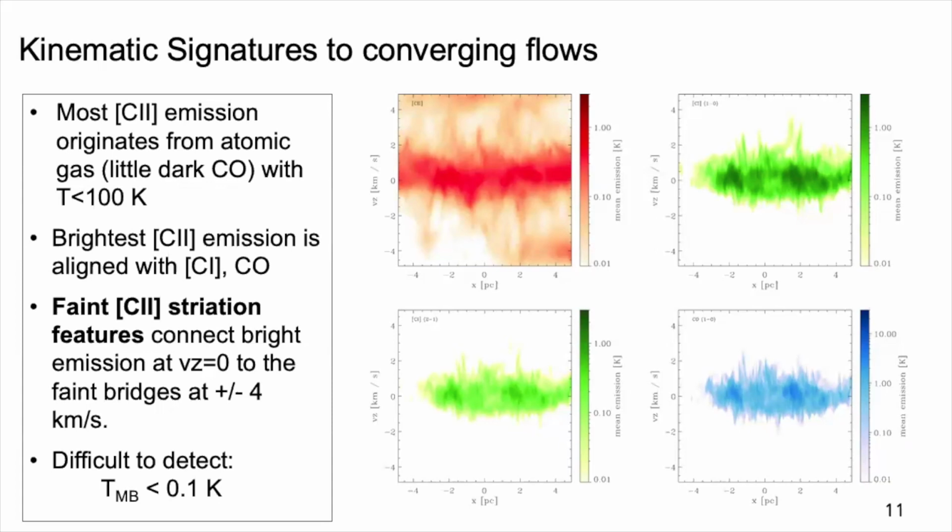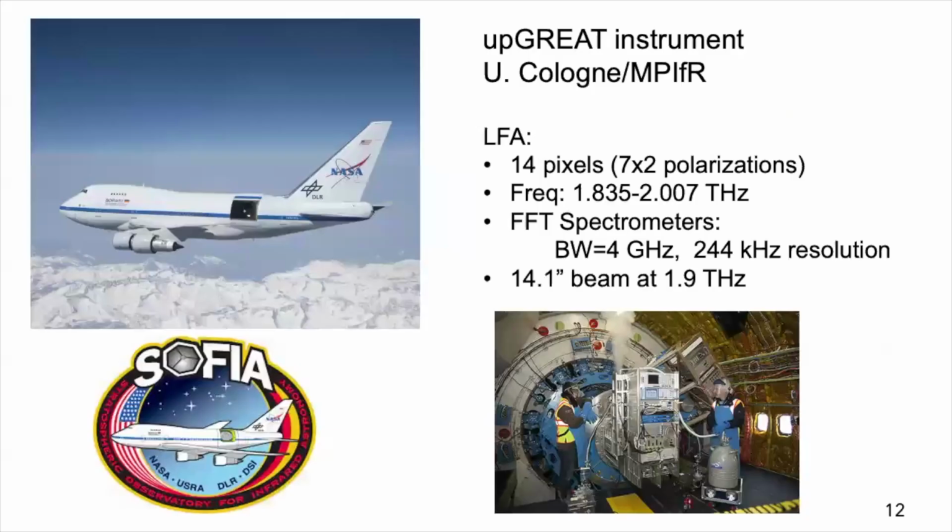So we took that information and wrote our proposal to SOFIA using the upGREAT instrument, a focal plane array with 14 pixels, with a frequency that includes the C2 line, with great spectrometers, and a 14 arc-second beam at the frequency of the C2 line.